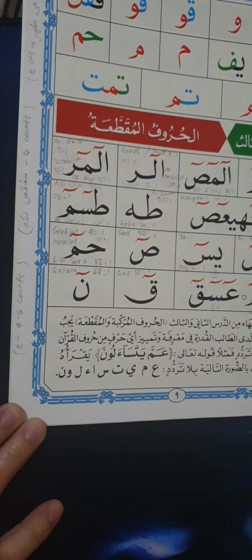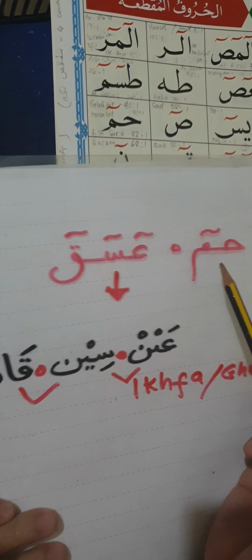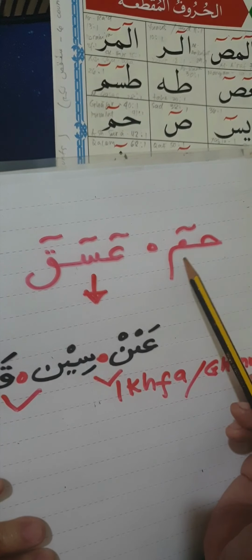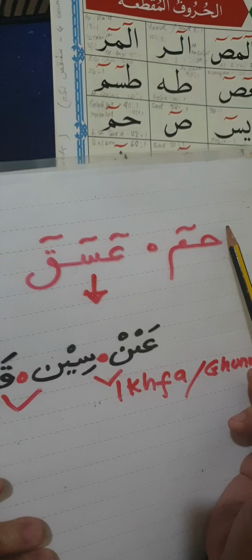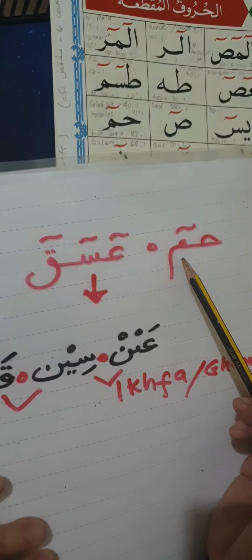So we have the explanation on this ikhfa. So as you can see here, the example of the ha is mad tabi'i, 2 counts, and then the mim. So this is mad lazim harfi mukhaffaf. So the ha doesn't merge to the mim.